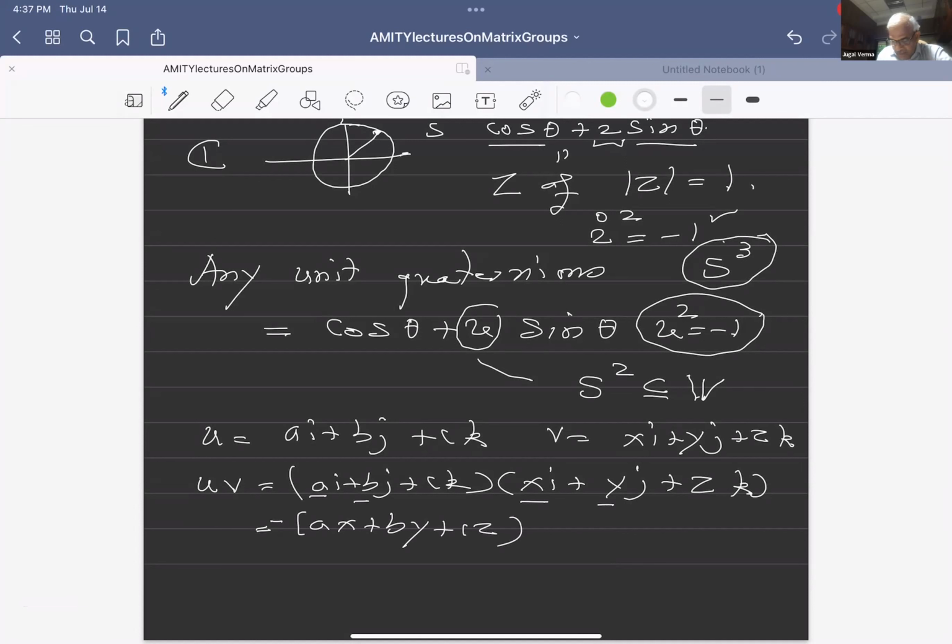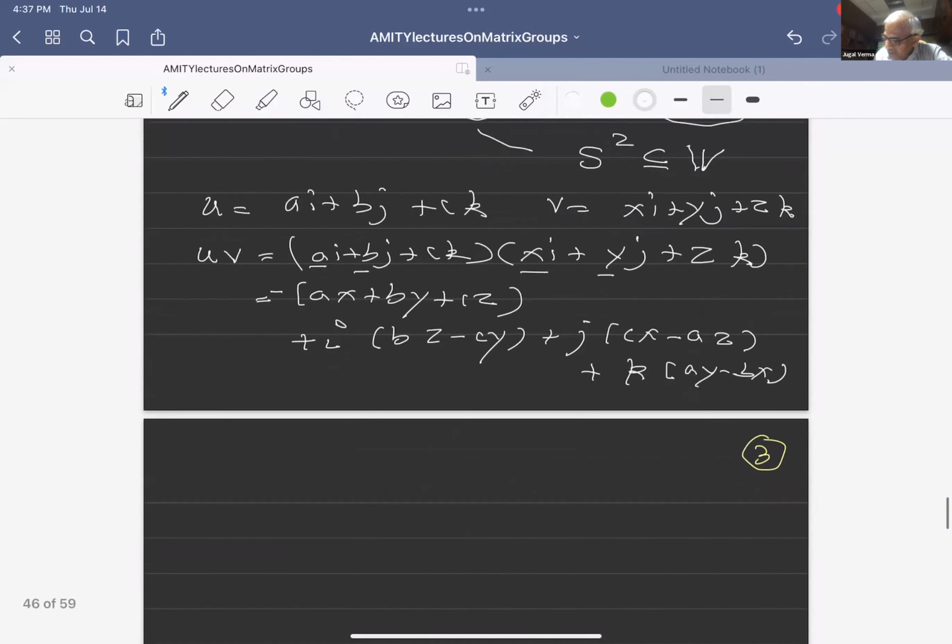Then multiplying the other terms, you get i times (bz minus cy) plus j times (cx minus az) plus k times (ay minus bx).